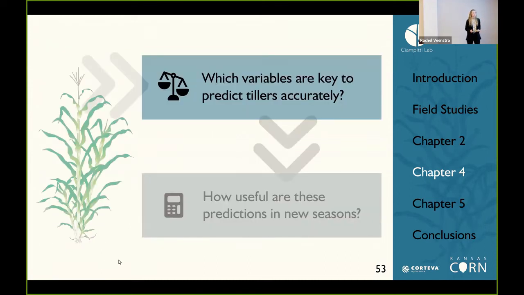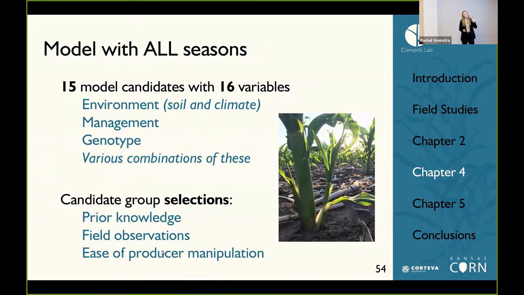So, which variables are key to predict tillers accurately? We took the data that we had collected across 3 seasons. We're talking about 2019 to 2021 now. And we had 15 model candidates with 16 variables that included environment, management, genotype, and then various combinations of different data that fell into these categories.